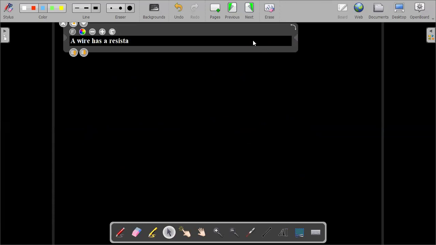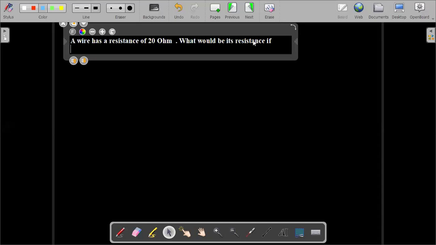A wire has a resistance of 20 ohm. So what would be its resistance if its diameter is reduced to 1/3?